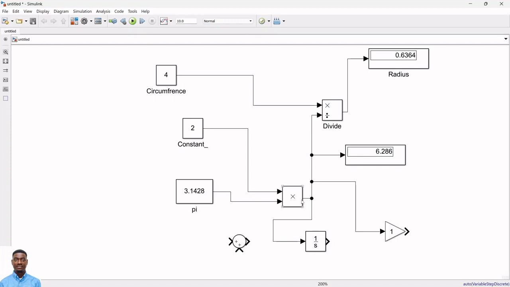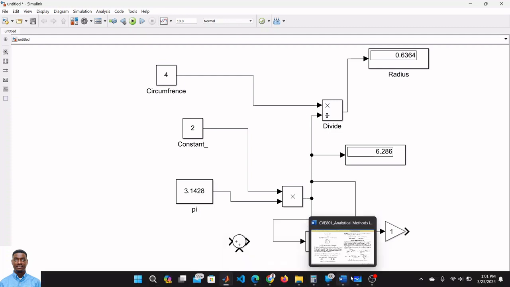What flows into these pick-off points is the same signal flowing on this wire, this same 6.286, flowing into the display block, the gain block, and the integrator block. So all these points, 1, 2, 3, are pick-off points on this signal wire alone.